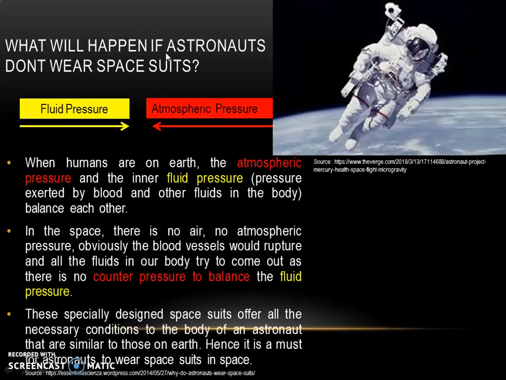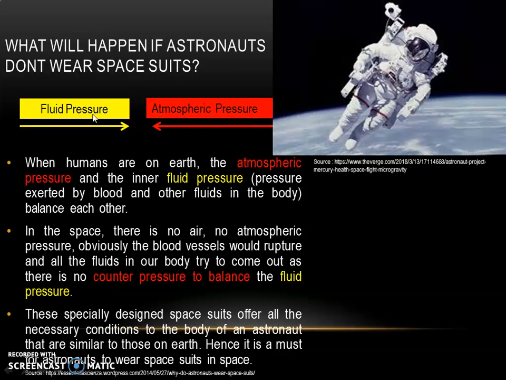Now, what will happen if astronauts don't wear spacesuits? When humans are on Earth, the atmospheric pressure and the inner fluid pressure, that is the pressure exerted by blood and other fluids in the body, balance each other. But in space, there is no air, so there won't be atmospheric pressure.